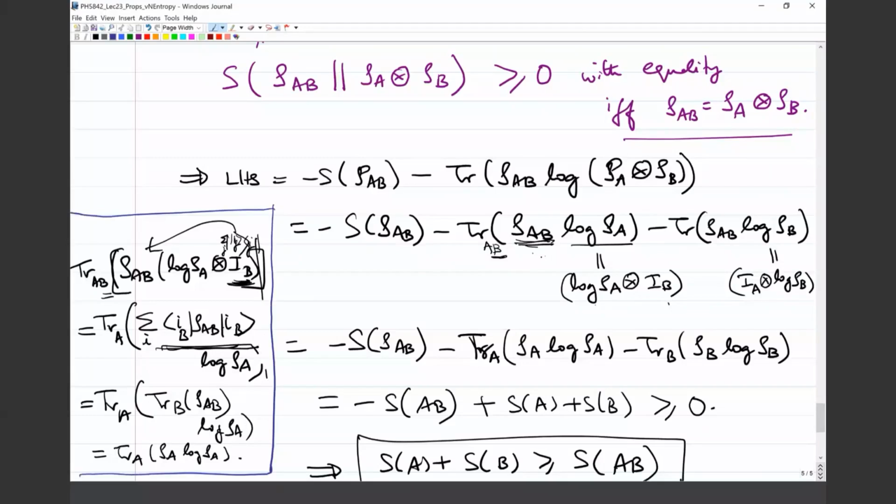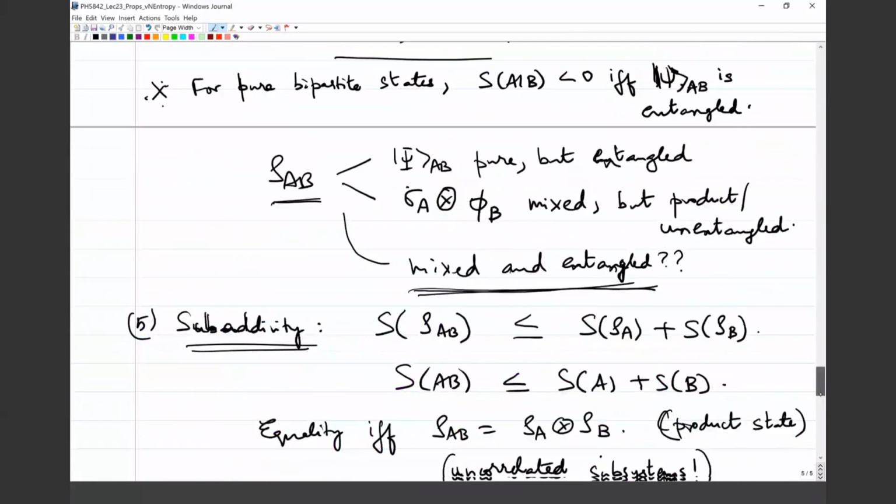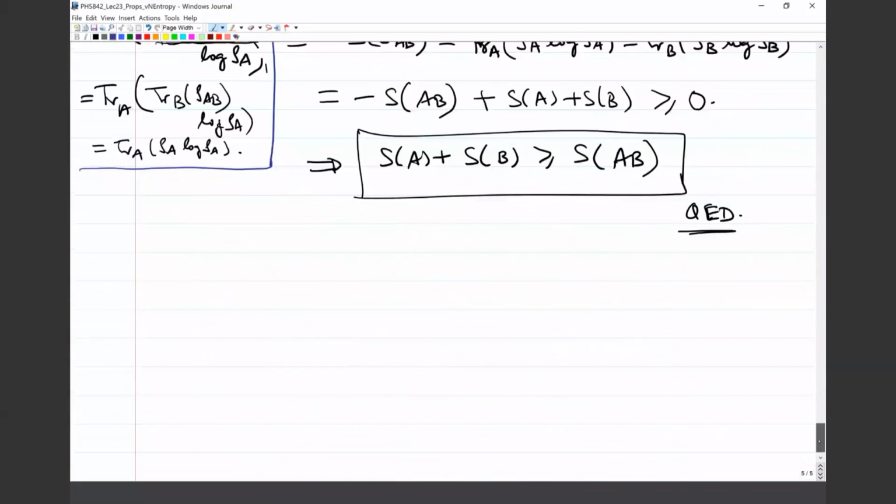So that was subadditivity, easy enough to show and a very nice property. Both classical and quantum entropy satisfy this, which is very nice. So now you can define something called the mutual information. So let us go ahead and define the quantum mutual information.